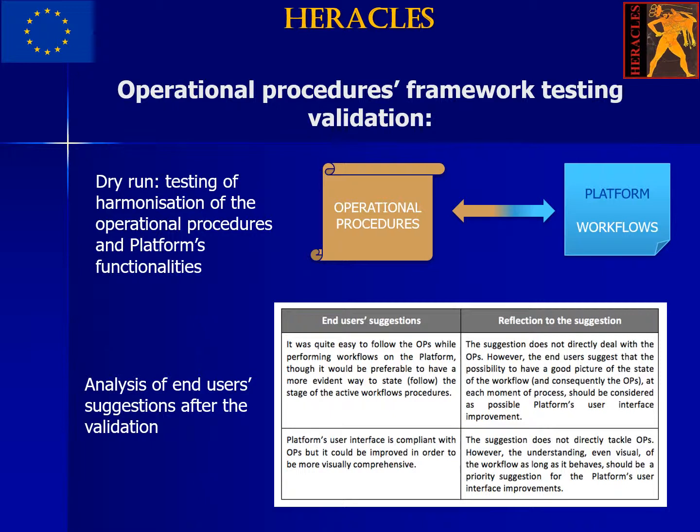After the dry run, a validation with the presence of end users was performed, and after the exercise, end users from Gubbio and Heraklion filled in the questionnaire. On the slide, you may see the extraction of the analysis of end user suggestions after the validation. The suggestions were taken into account and the operational procedures framework was improved.